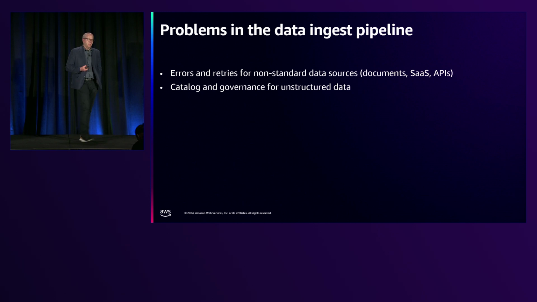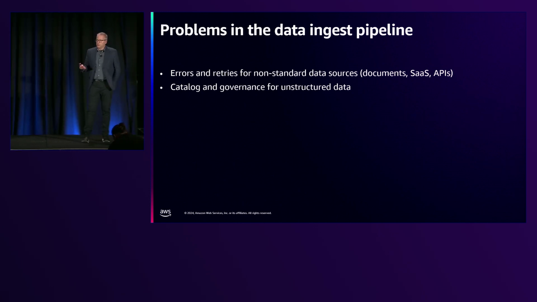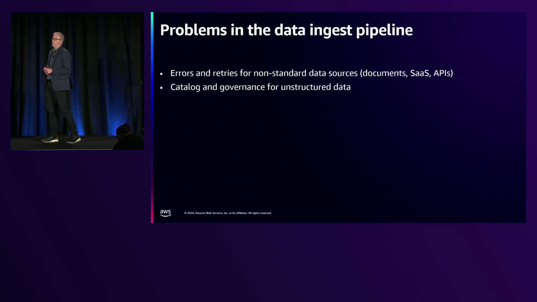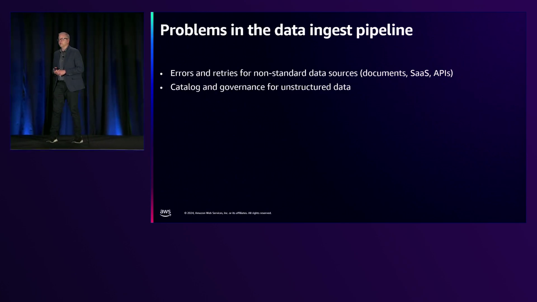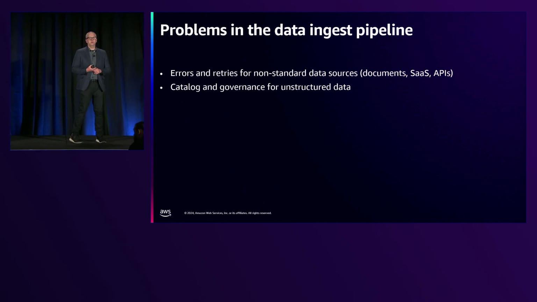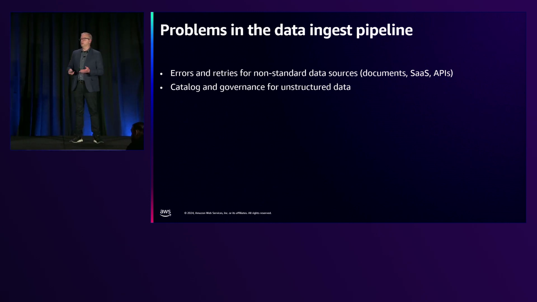And then with unstructured data, so again, we're talking about PDFs and images and so on, just be aware that the tools that we use in the analytics world for things like cataloging data and access control and permissions were not really built with this type of data in mind, and they're still evolving. Which means that if you have a lot of expectations about data consumer, data producer contracts in a data mesh, it may take a little bit of extra work to get there in a reliable way.